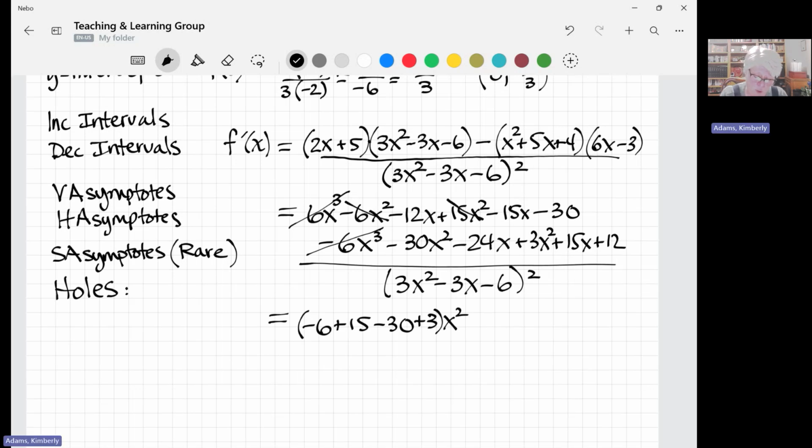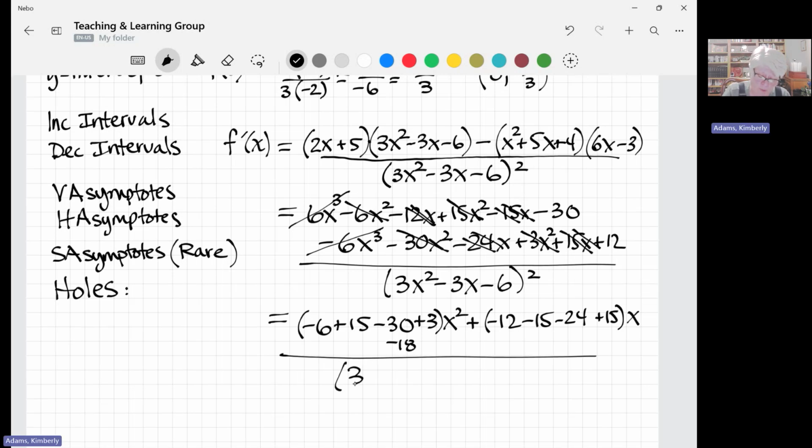So I'm going to mark those terms out because I've taken care of putting them together, plus negative 12 minus 15 minus 24 plus 15 times x. And then I have negative 30 plus 12 is negative 18. Still over 3x squared minus 3x minus 6, the quantity squared.